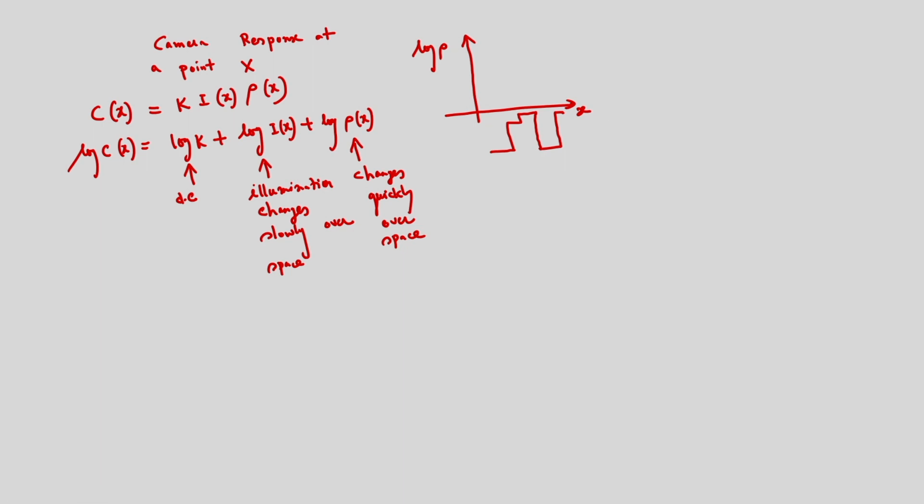And also I am considering the illumination, the log of illumination, something like this, log I. So if I combine these two, that means I do the addition of log rho plus log I, not multiplication, then I will be getting log C. So it will be something like this.